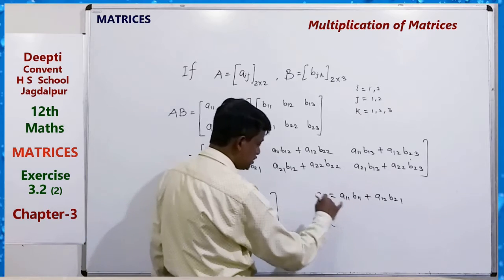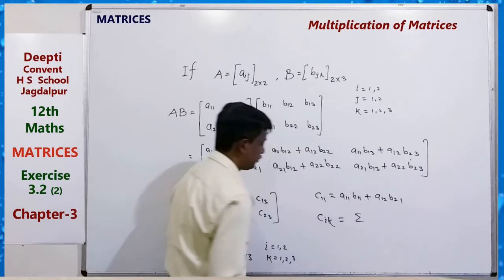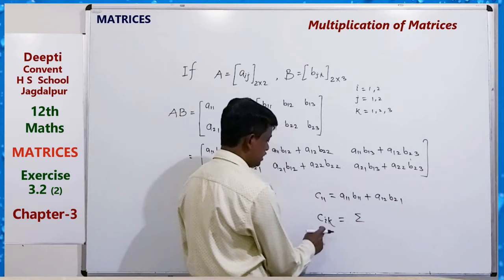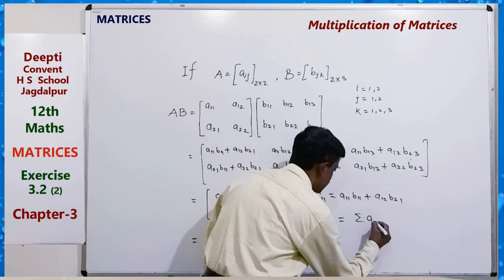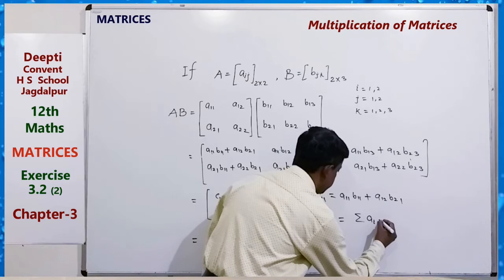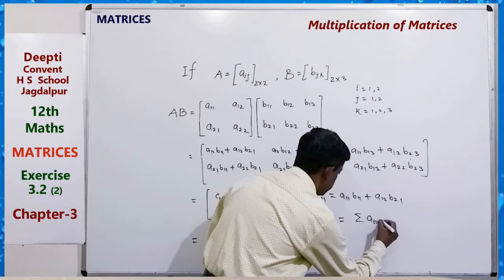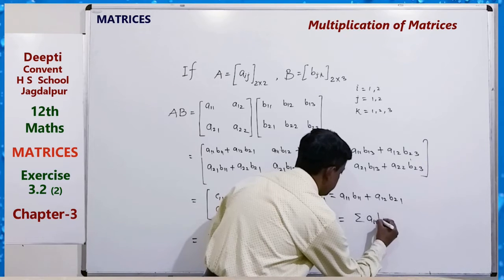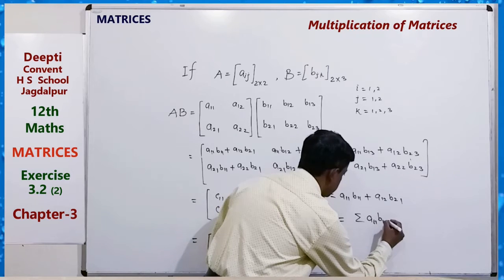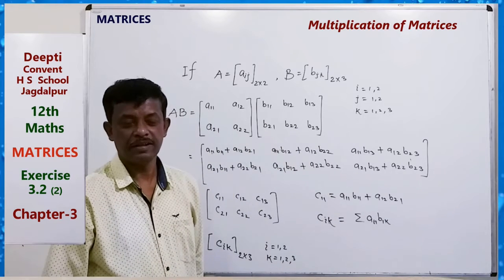Here the in-between part is the sum of what? In this case both are 1. C i k is a i 1 and b 1 k. Okay.